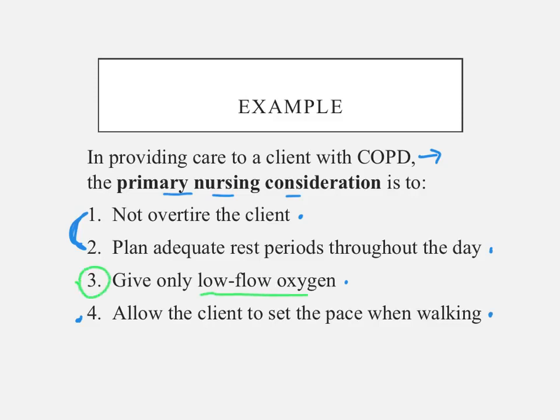Because we can only give 2 to 4 liters to a COPD patient so we don't overload their respiratory drive. So these things here all kind of go together, and one umbrellas the other. So I would say number 1 would be the umbrella. Here's number 1, and then 3 and 4 fit underneath it, right? If we're looking at it as an umbrella, this one sticks out. It's a little bit different.